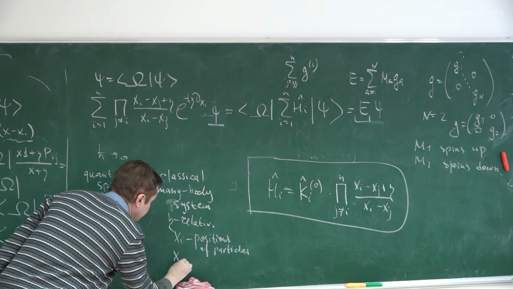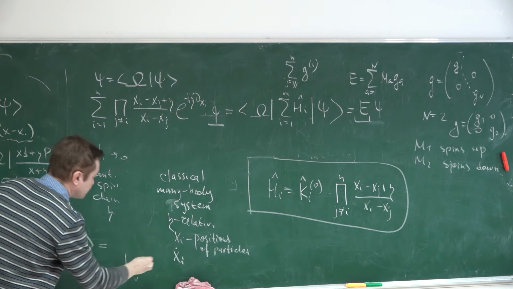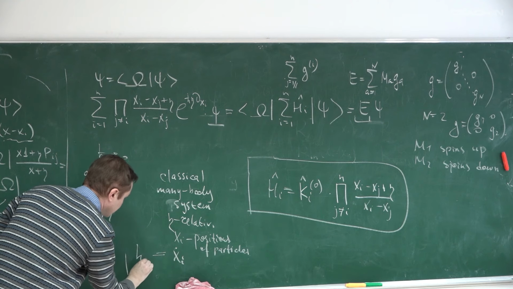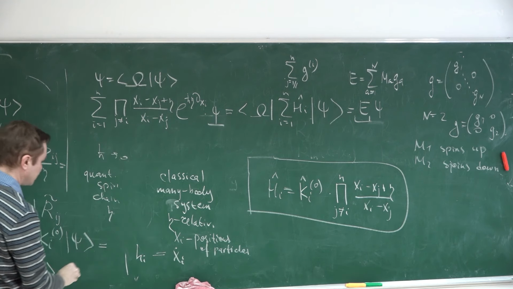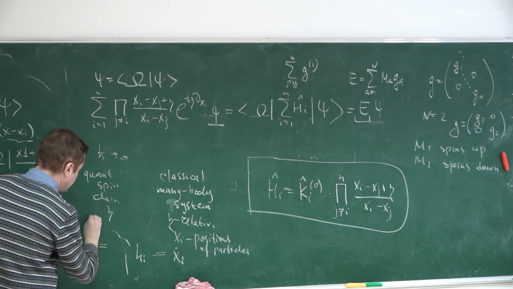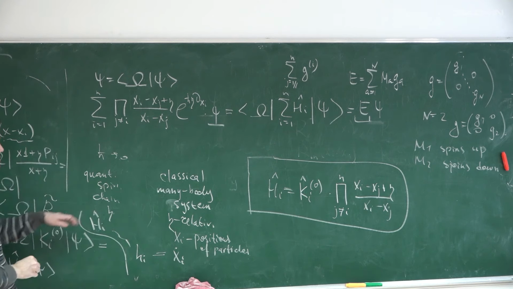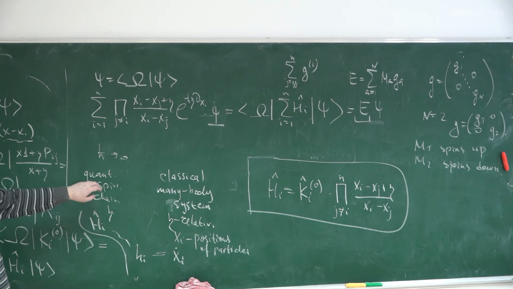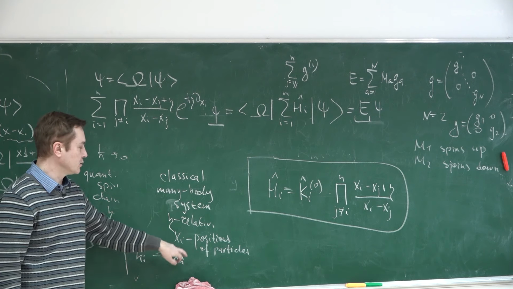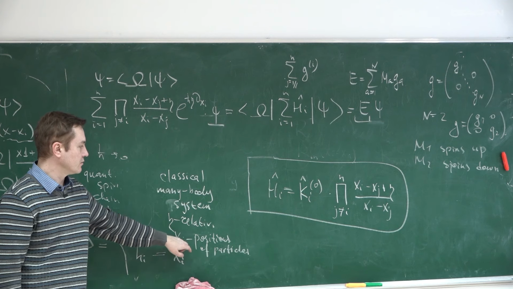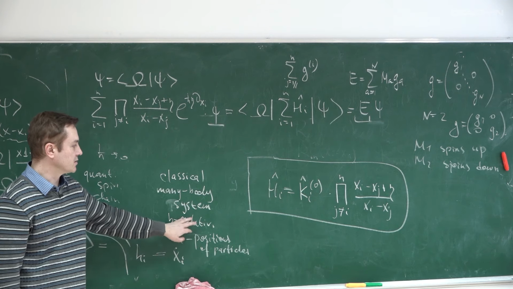And in fact, generalized velocities will be equal to eigenvalues of quantum Hamiltonians. Eigenvalues of quantum Hamiltonians of quantum spin chains are equal to classical velocities of integrable many-body systems.